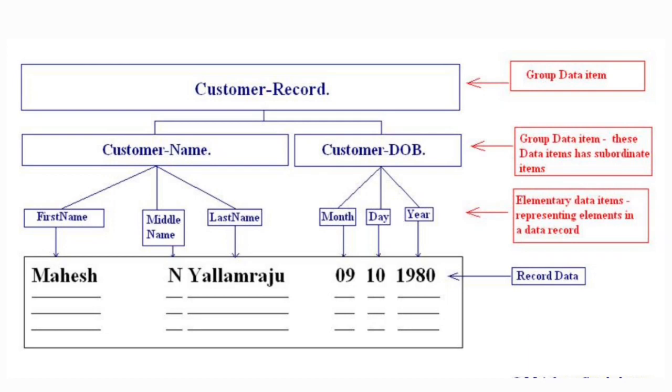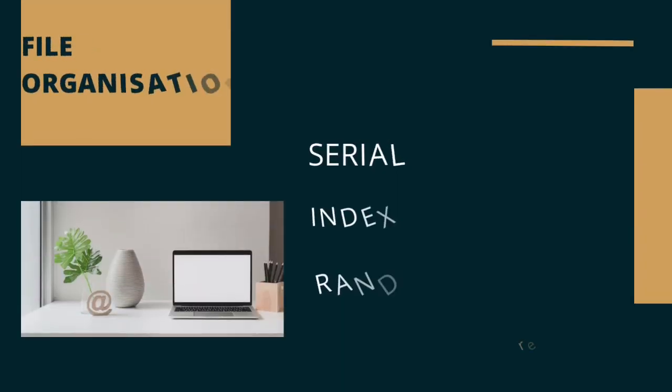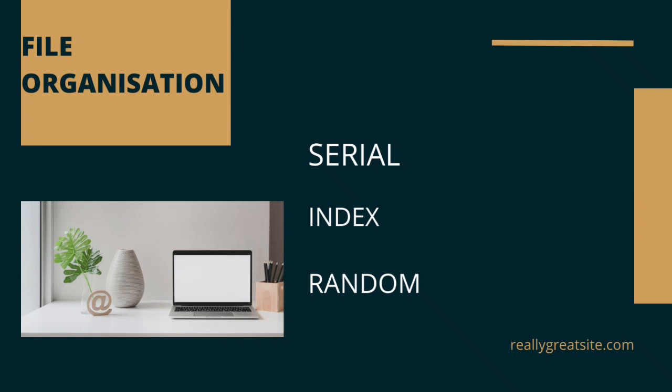We have the numeric data item, the alphabetic data item, and the alphanumeric data item. The numeric data item deals with numbers. The alphabetic data item deals with alphabets, ranging from A to Z, and the alphanumeric deals with a combination of both.